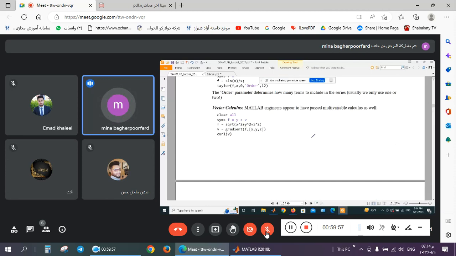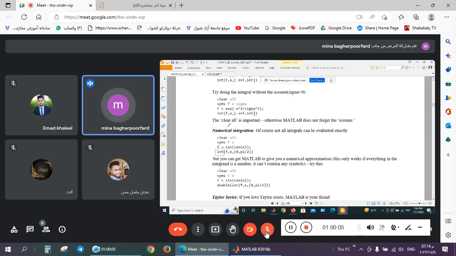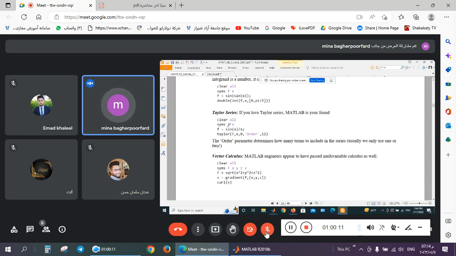Int is used for exact integration. Diff is used for exact differential. Okay. Solve is used for exact, for example, algebra equation. Dsolve is used for exact differential equation.